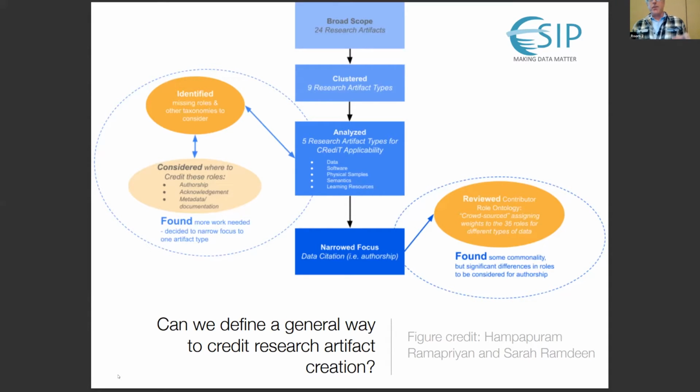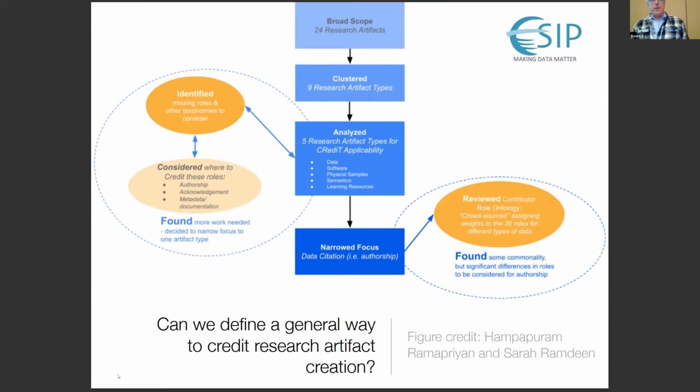Then we considered the level of recognition necessary for each of those roles and artifacts: authorship, where you're a primary contributor; something akin to acknowledgements in a paper, recognition but not so formal; and finally something buried in the metadata. So high, medium, low levels of recognition.